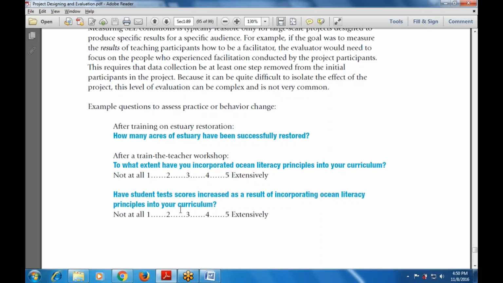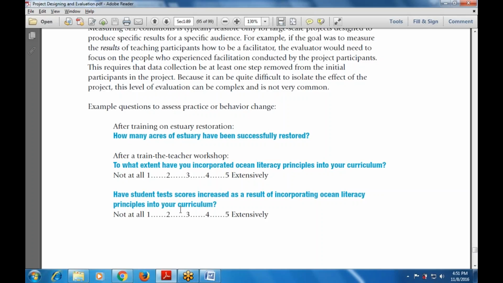And in your project, have student test scores increased as a result of incorporating ocean literacy principles into your curriculum?